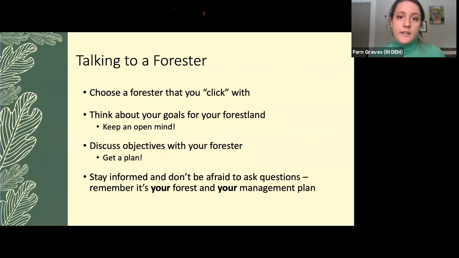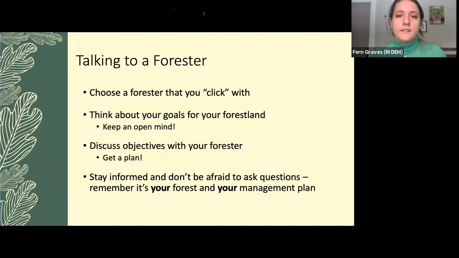They use the science of forest ecology to come up with a plan, a prescription, basically, of what you need to do, getting you from what you have in your forest to where you want to go. For some of you, what you have might be a degraded condition due to invasive species and defoliation mortality. Then they'll help you get to where you want to go with this prescription that they are going to outline with you in your plan.